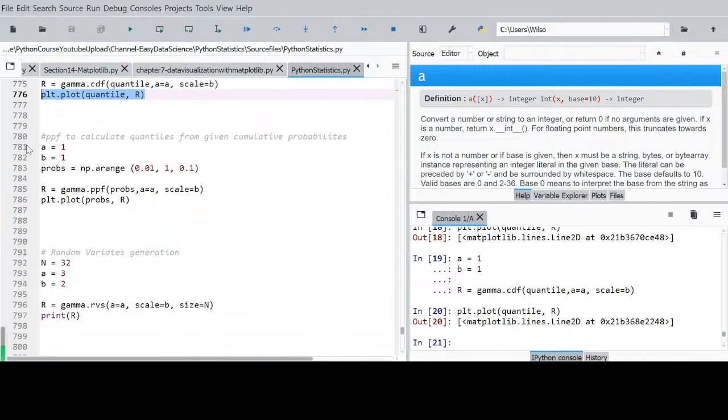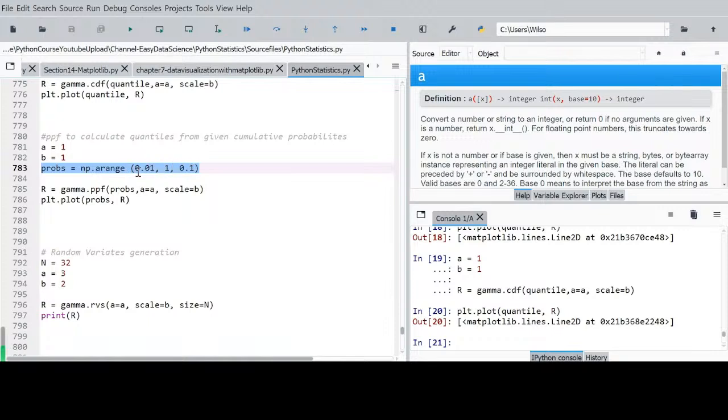The third function is called PPF, which is used to calculate the quantiles, that is, calculate the random variables from given cumulative probabilities. This function is actually the inverse operation of the CDF, the last one. So we create a probability array called probs with values between 0.01 and 1 with a gap of 0.1.